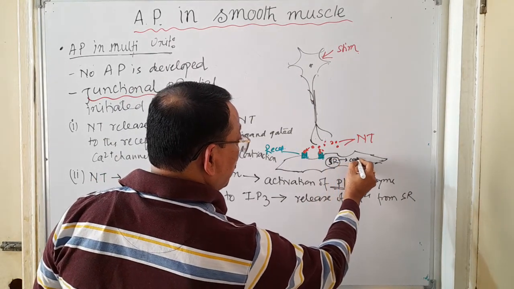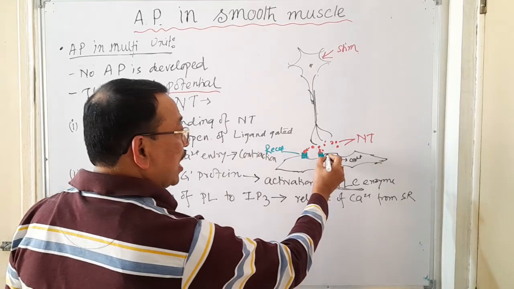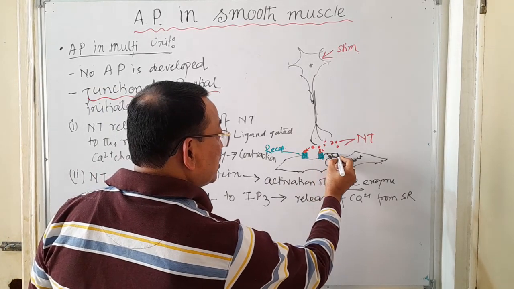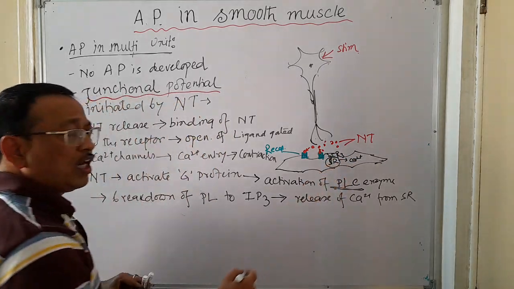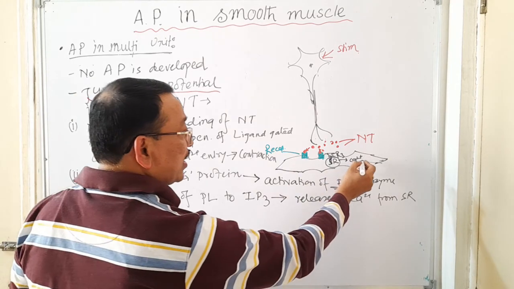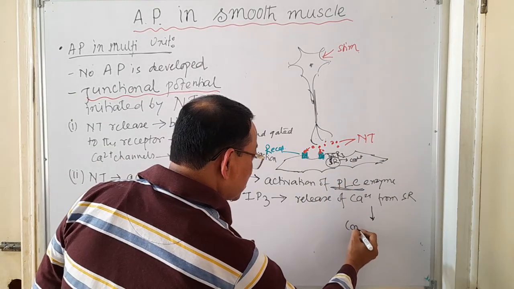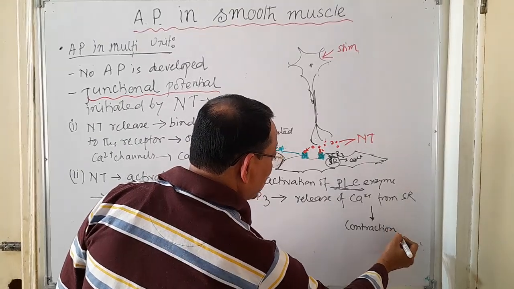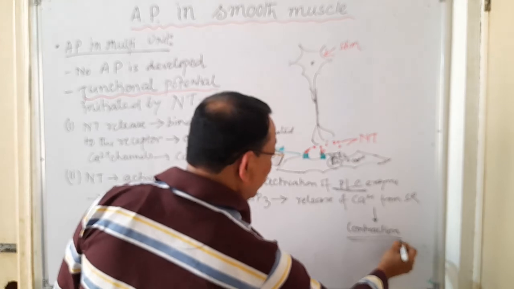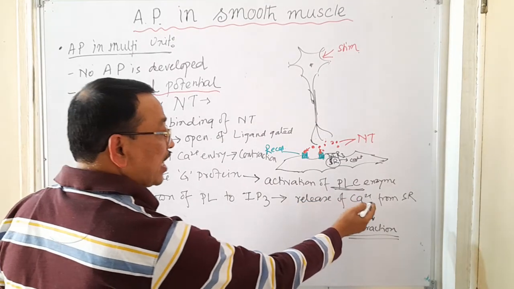So this calcium ion will now be released with the help of IP3, and this calcium ion is now responsible for contraction of multi-unit smooth muscle.